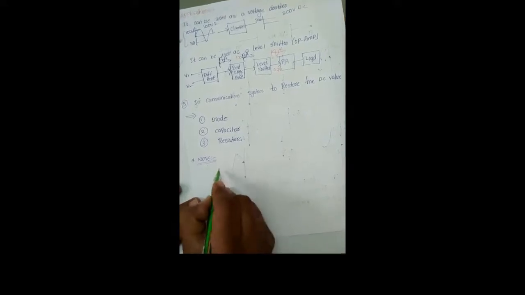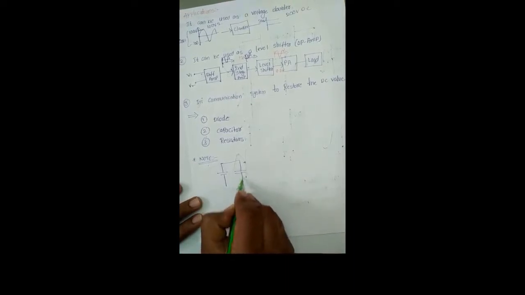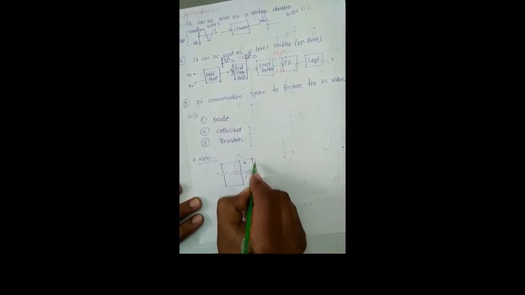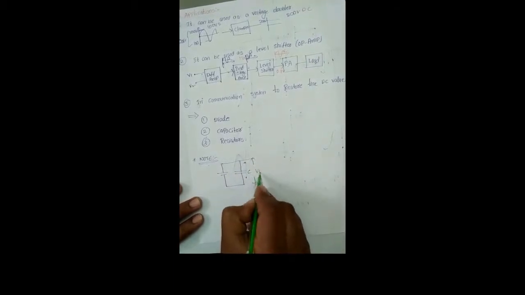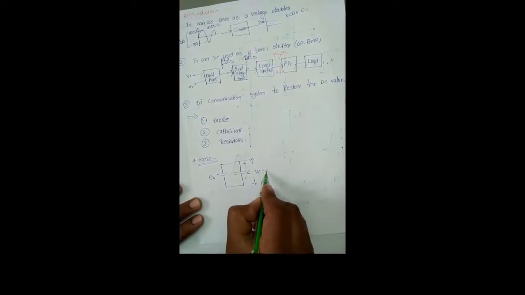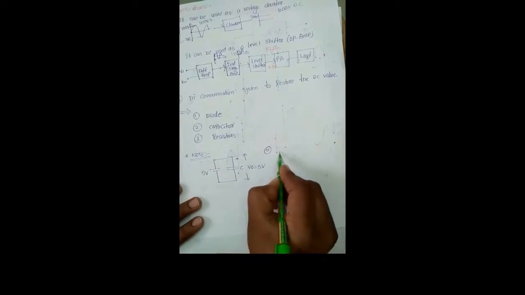For example, here we consider one circuit. We are connecting the capacitor, and here we want to obtain the output. So now you can tell me what the output voltage is. Here we get 5 volts. For example, here we consider another circuit.